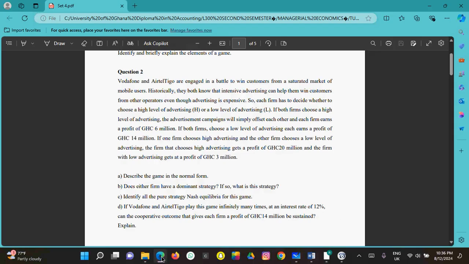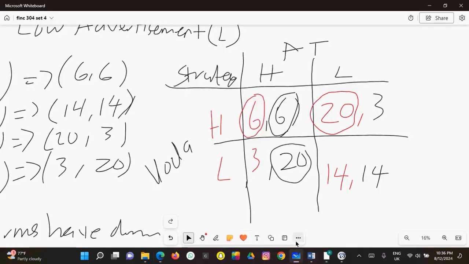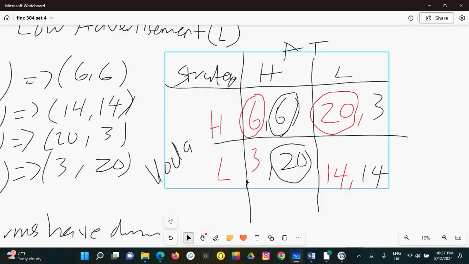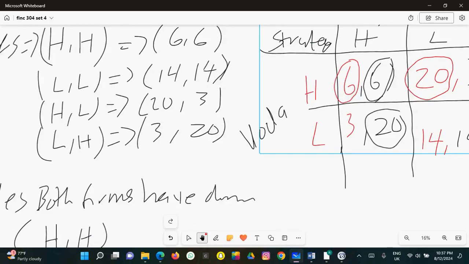The pure strategy is still the same, right? So where best responses meet is termed the Nash equilibrium.